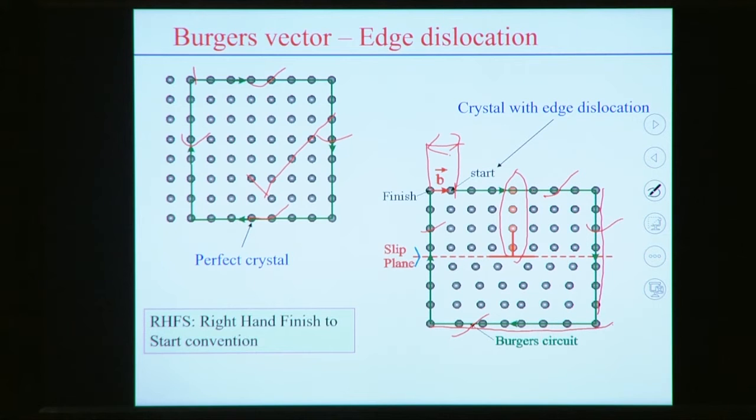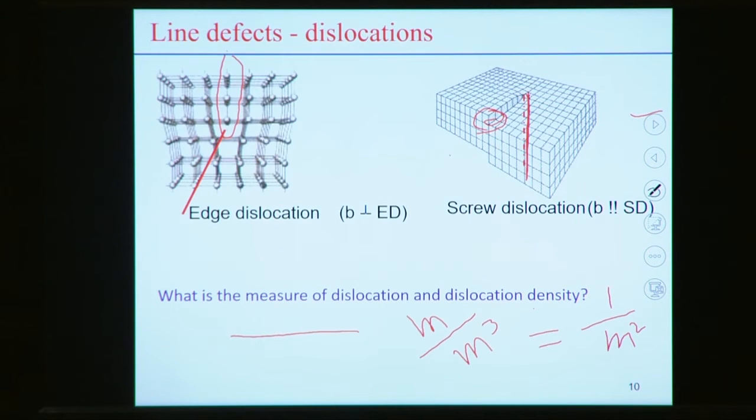This is the representation of the Burgers vector, but in this case, the dislocation line, if we go back to the previous figure, is perpendicular to the plane of this screen. So the Burgers vector is perpendicular to the edge dislocation line.